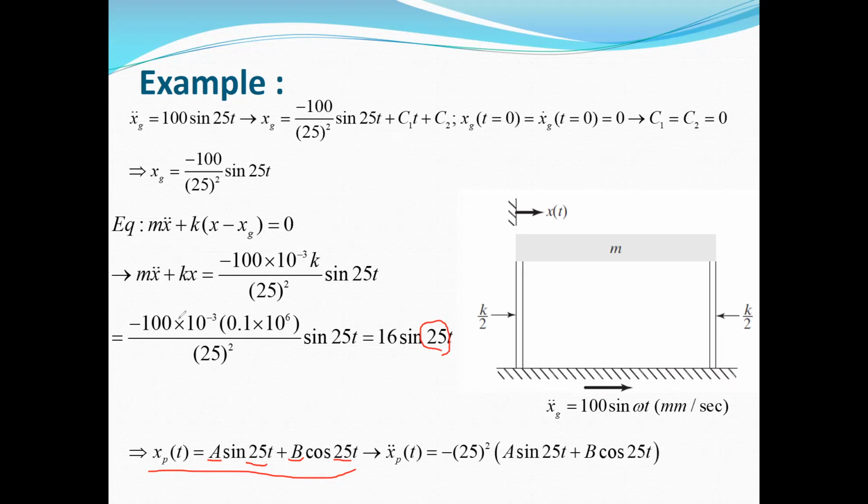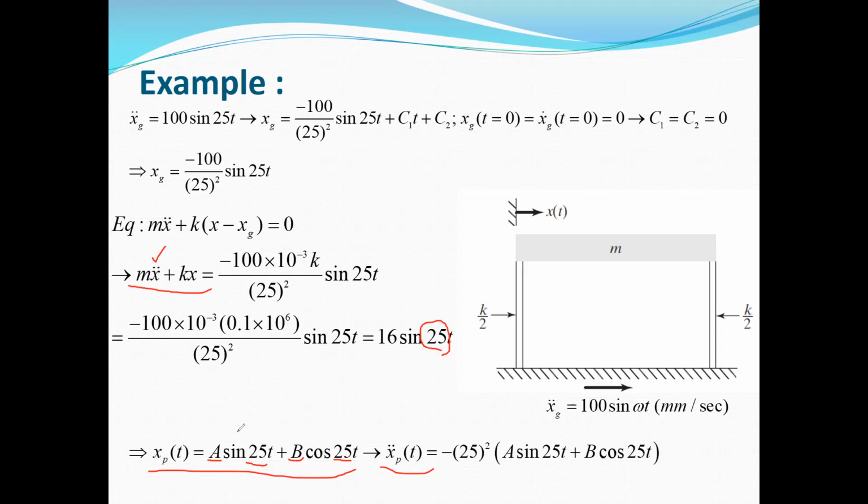So we need to substitute into the main equation, which is mx double dot plus kx. x is a sine 25t plus b cosine 25t, and also we need x double dot. For this purpose, we need to calculate the second derivative of xp(t). The second derivative of this function is in fact frequency squared times minus the x, because this is a harmonic function.